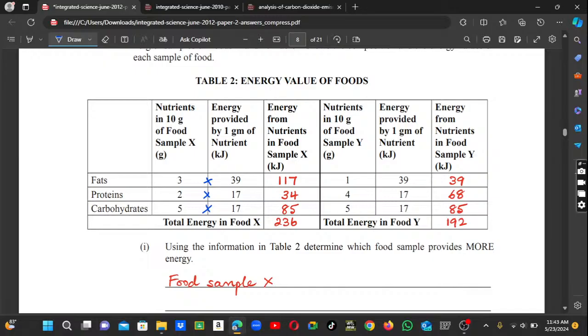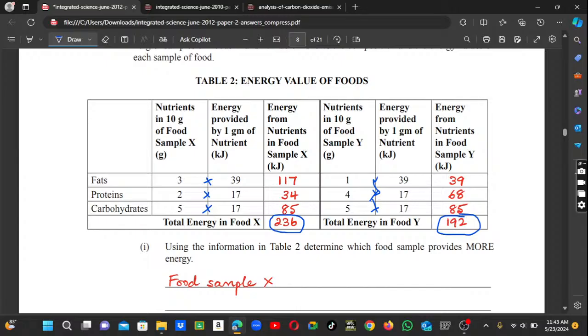So if we were supposed to get a calculation in food X, we'd have 236. If you're supposed to say 4 times 17, we have 68. 5 times 17, 85. That would be 192. So in total, we can see that the food energy in X would be greater than Y.